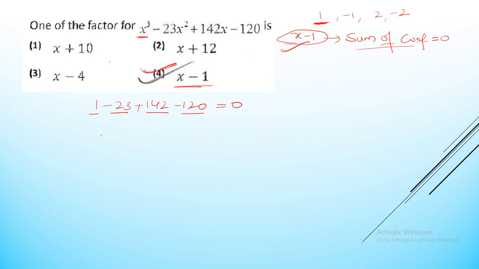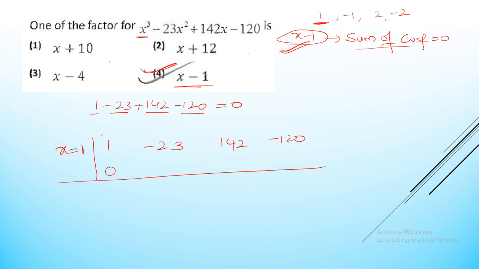Furthermore, if the remaining factors are also asked, how do we proceed? You can go by the long division method or the synthetic division method. Considering the coefficients 1, minus 23, 142 and minus 120, since x minus 1 is a factor, you are going to consider x is equal to 1.